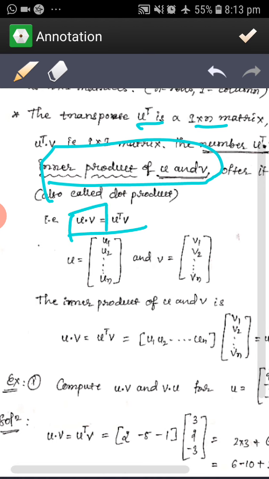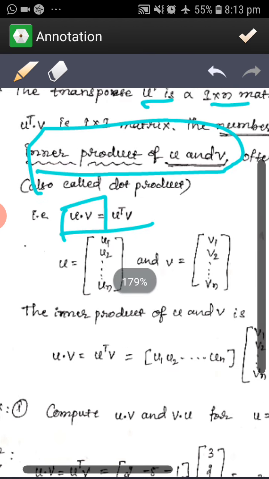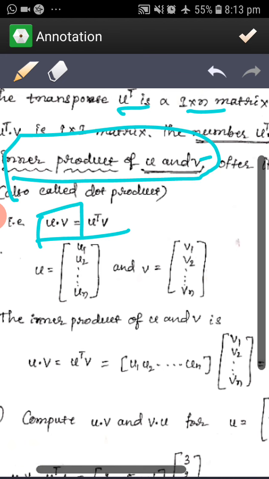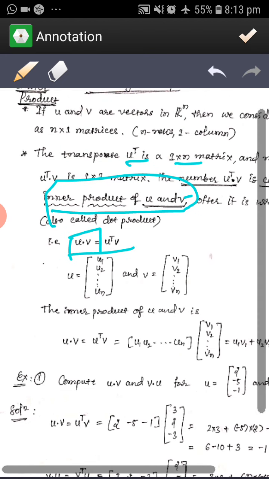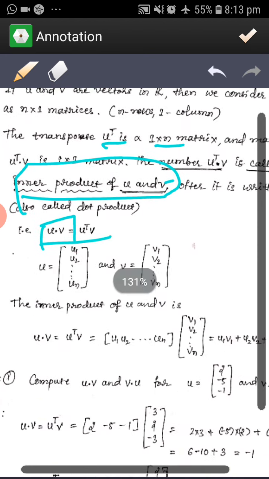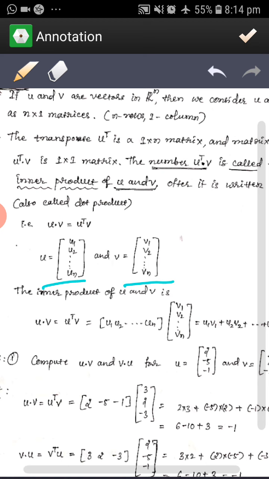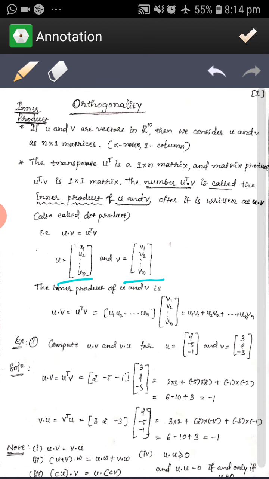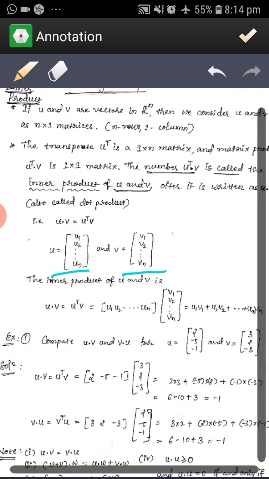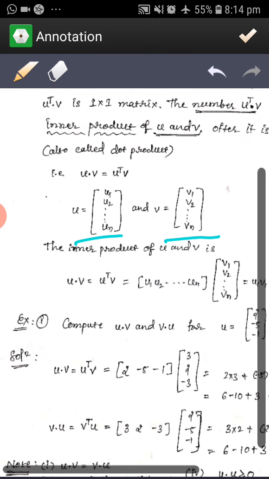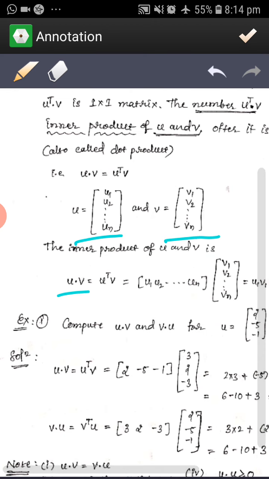While writing the inner product we call it u dot v, but actually it is u transpose v. In general, if u is a vector like this and v is a vector like this, the inner product u dot v is nothing but u transpose v.